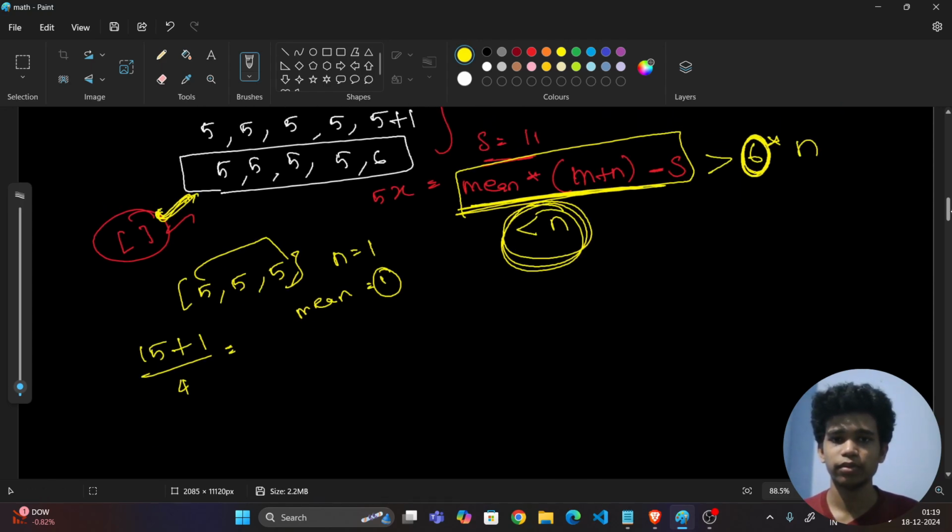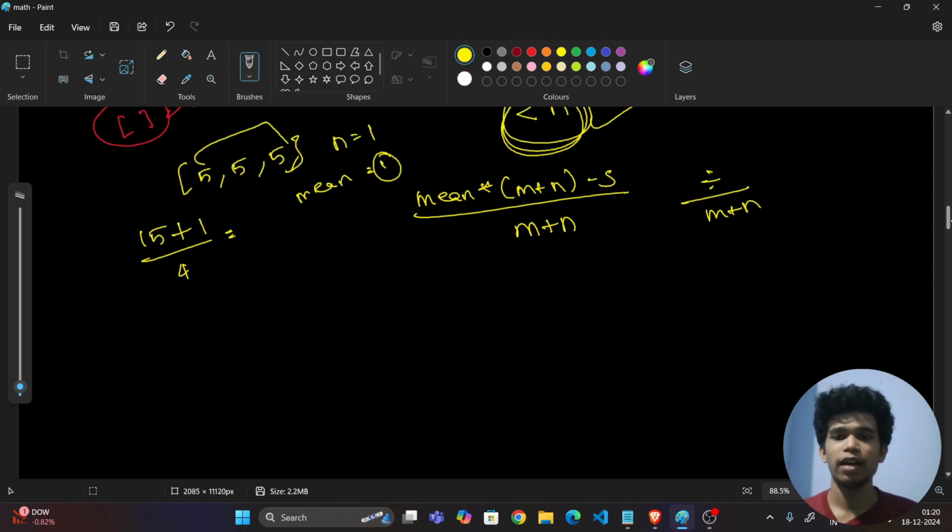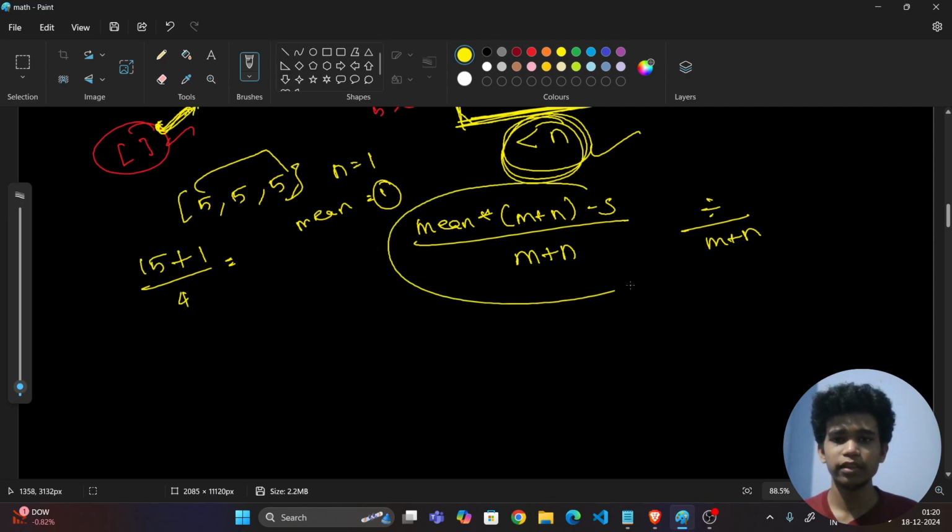Okay, now after checking that the equation is valid using these two conditions, what should we proceed with? We should proceed with mean into m plus n minus s, divided by m plus n, and also take the modulo of m plus n, and add that many values.